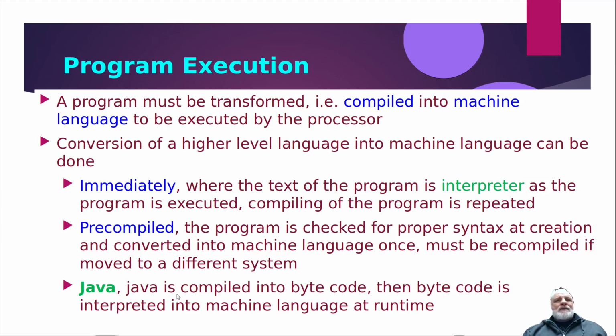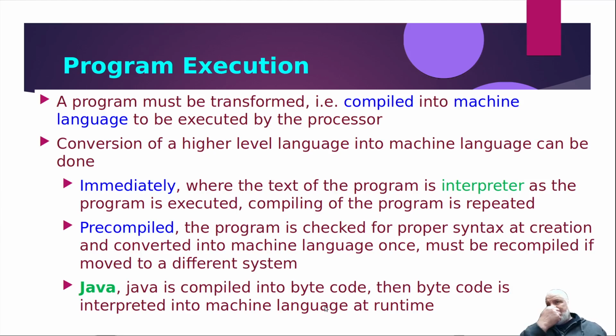Java, when Java came out, it was kind of a combination between it. What the idea was is that you could compile it into what they called bytecode, which wasn't quite machine language, but it was closer to machine language. But the idea was then you could have a Java interpreter that would interpret it for whichever hardware. So the idea of Java was it was supposed to make it independent.